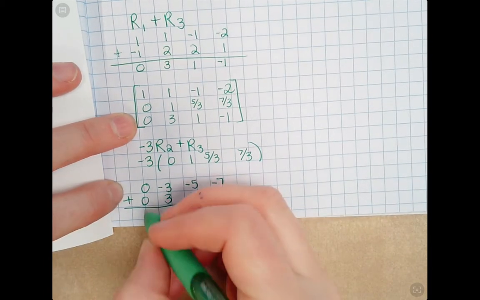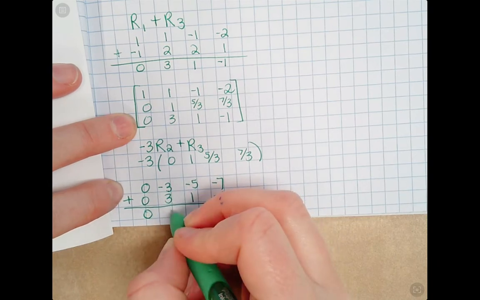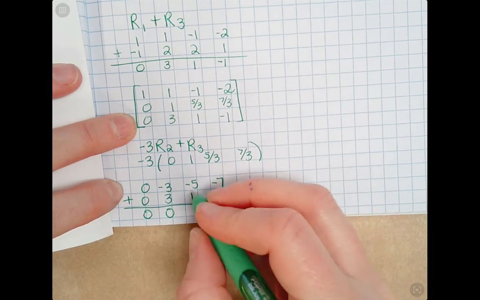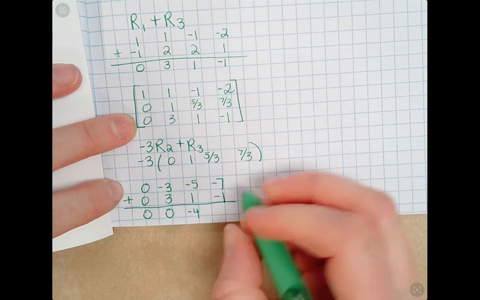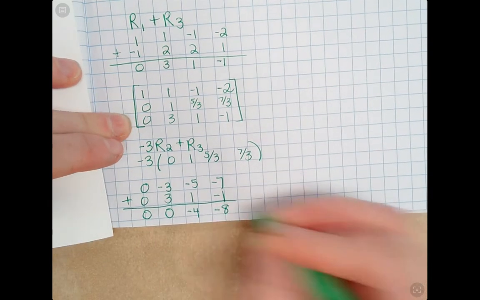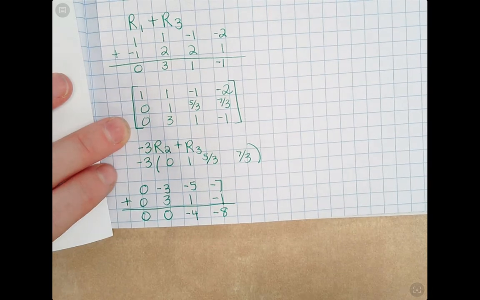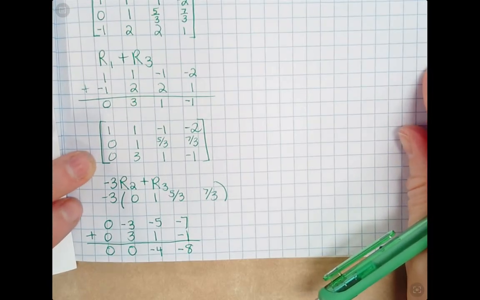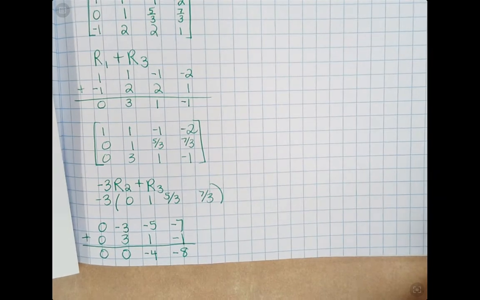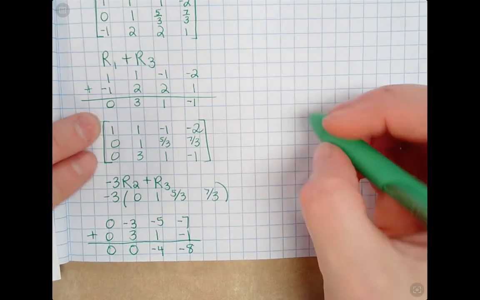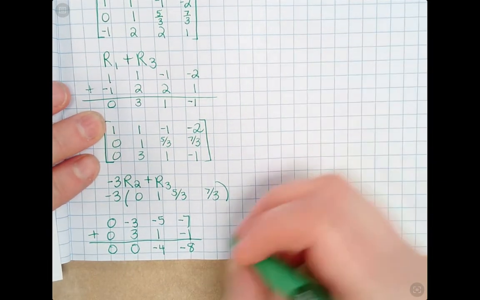Okay, so whenever I add it, this becomes 0, this becomes 0, this becomes -4, and this becomes -8. Okay, so we just need to rewrite it now. I'm going to come over here.